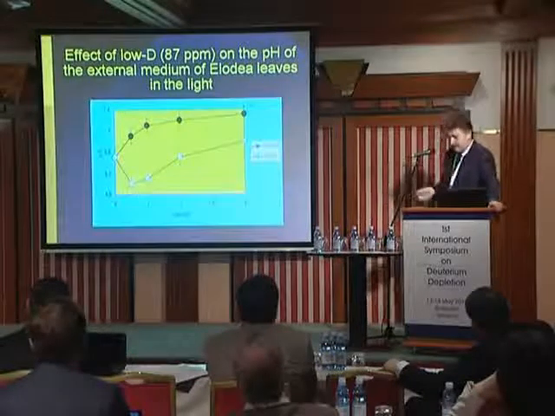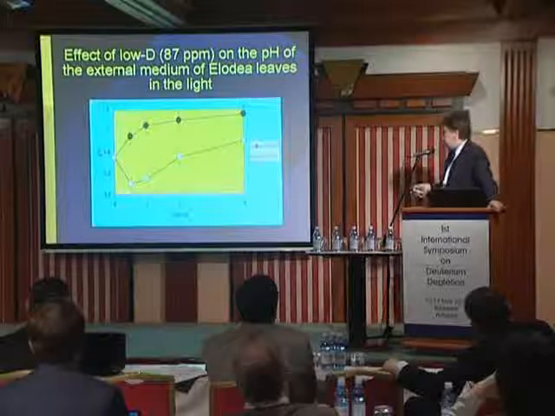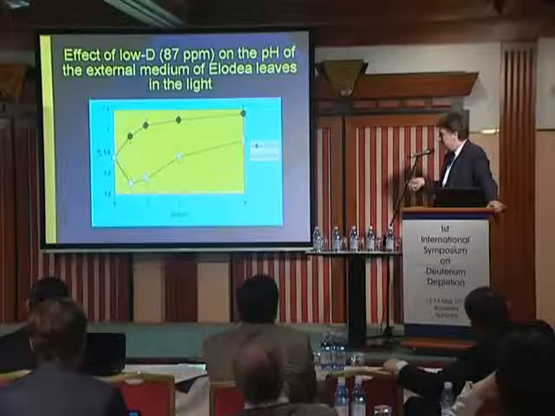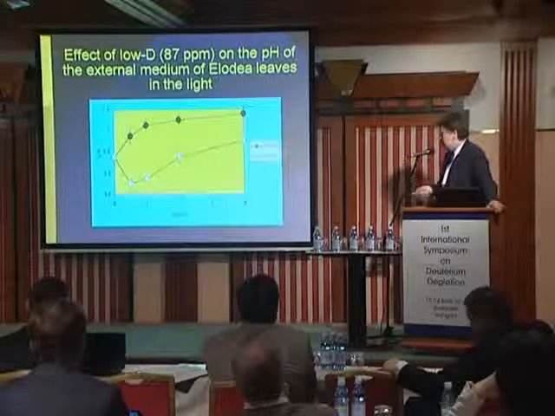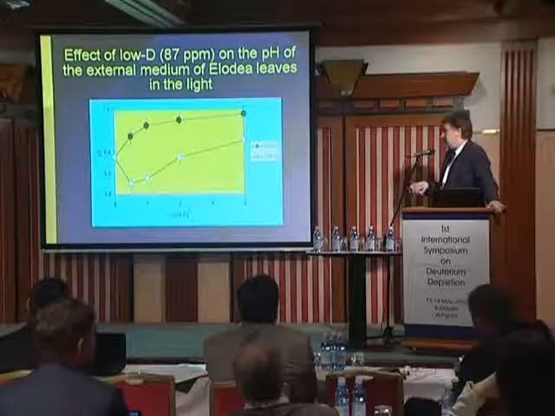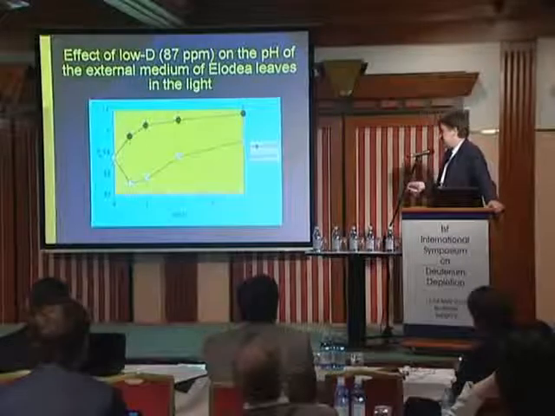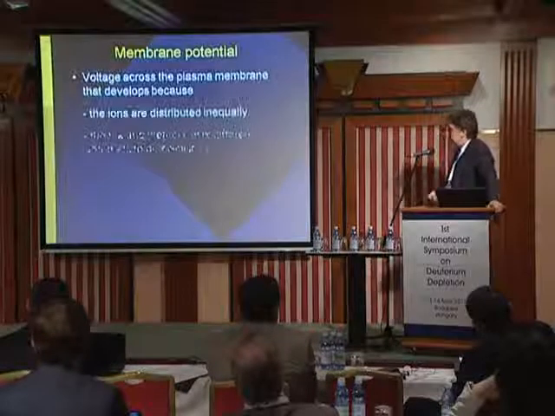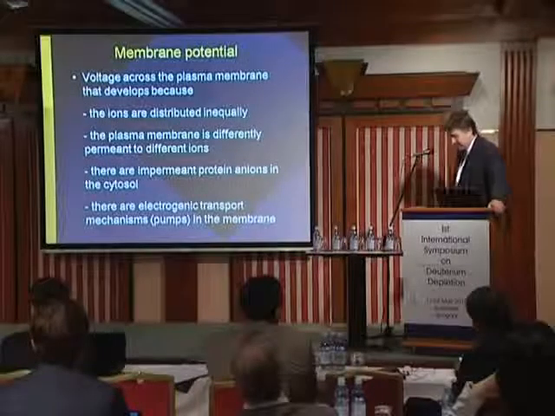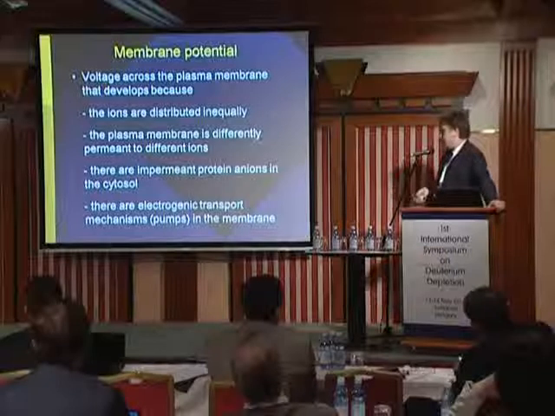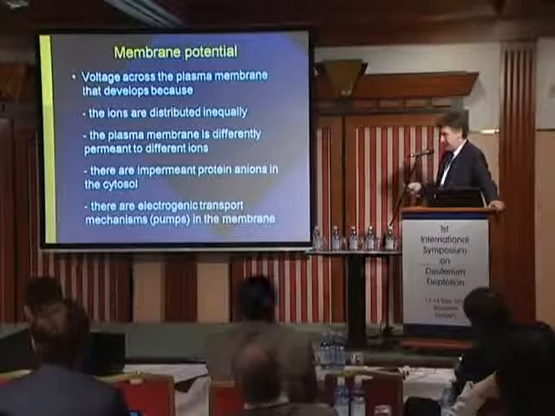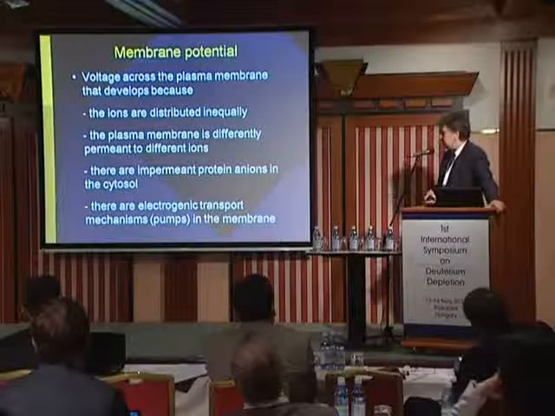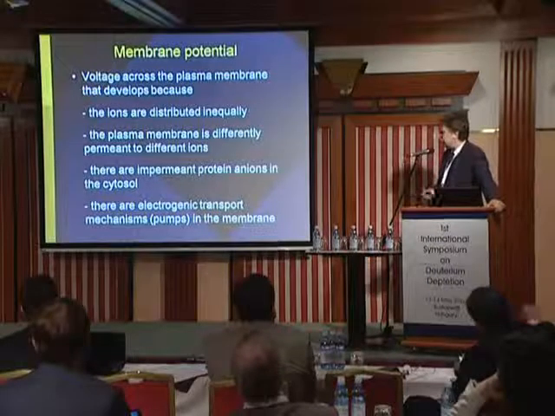So there might be something else going on, which might be an additional factor in causing this significant external acidification. And to find it out, we suggested that the membrane potential might be an important factor.